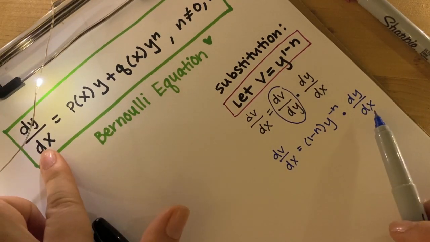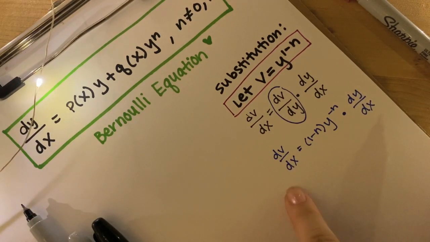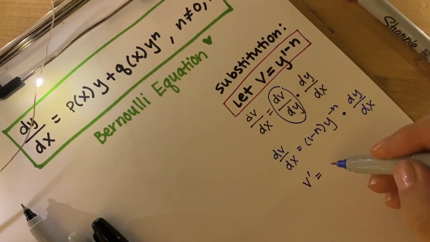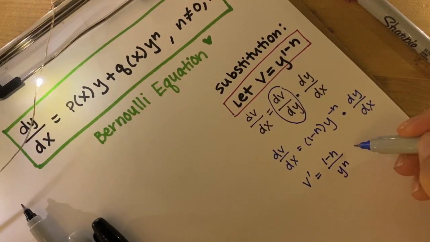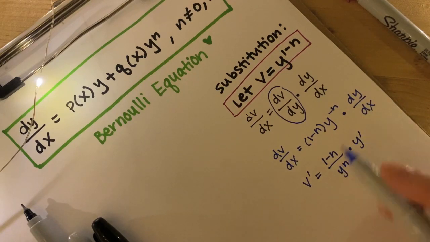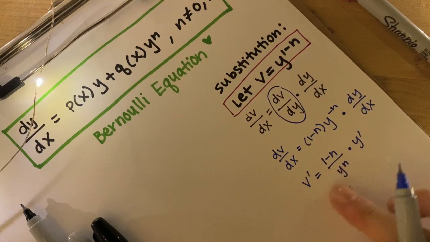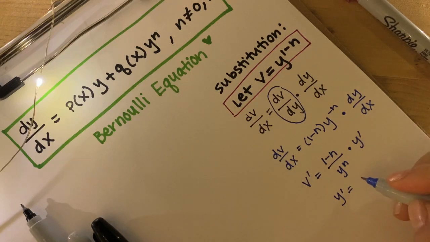But in order to make the direct substitution, we'll want dy dx in terms of dv dx. So I'm just going to go ahead and write this as v prime. So 1 minus n, put this negative exponent down here, times y prime. In order to do y prime in terms of v prime, we just flip-flop. We divide, or you can multiply by y to the n divided by 1 minus n times v prime.